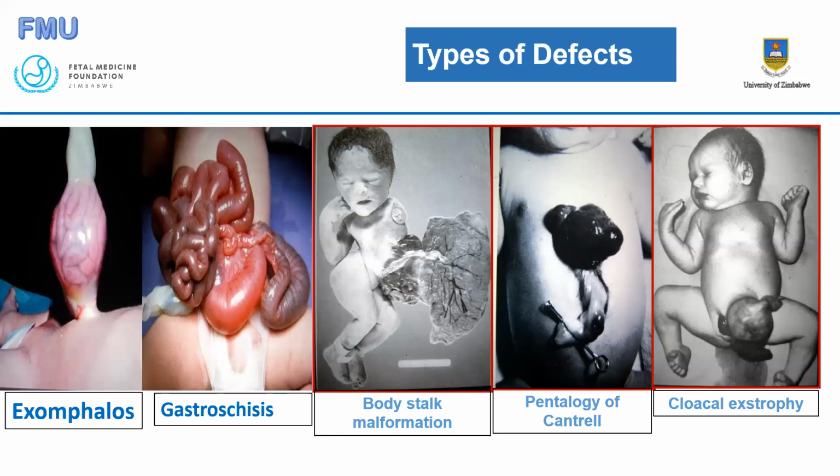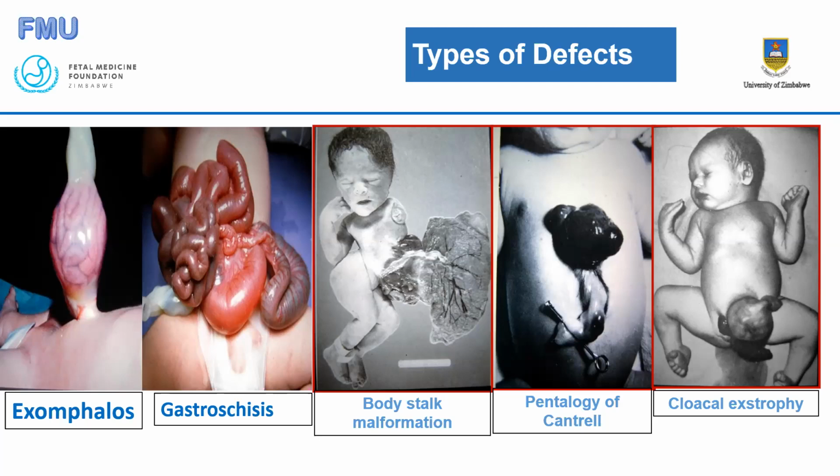The body stalk malformation is marked by a large defect on the anterior abdominal wall, so that most of the contents, including the liver, are out. It is marked by premature rupture of the membrane, so that some of the contents of the baby are actually outside the amniotic membrane, and the liver may be directly attached to the placenta.